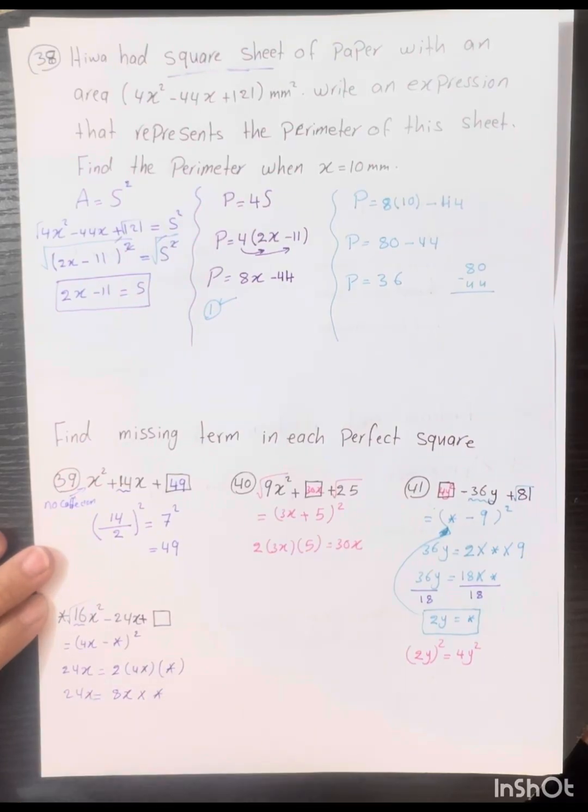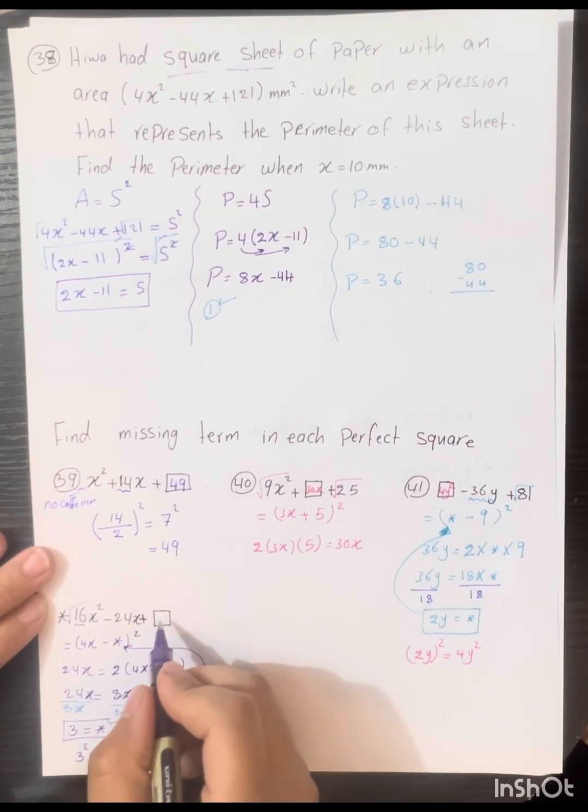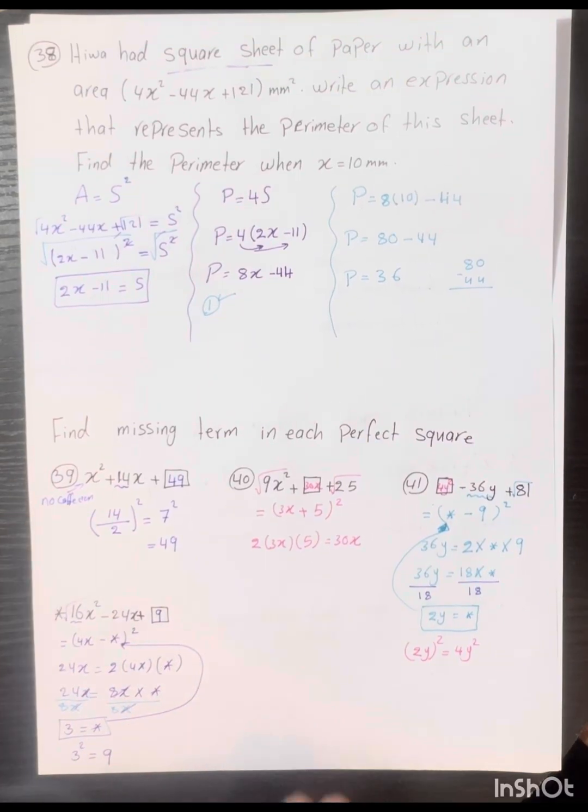Sorry, we have x here. So we need to divide both sides by 8x. They cancel together, x cancels, and we get 3 equals the missing term. As you know, the missing term is inside the bracket. When we want to find the missing term outside the bracket, we need to square it, which will be 9. So the missing term outside the bracket is 9.